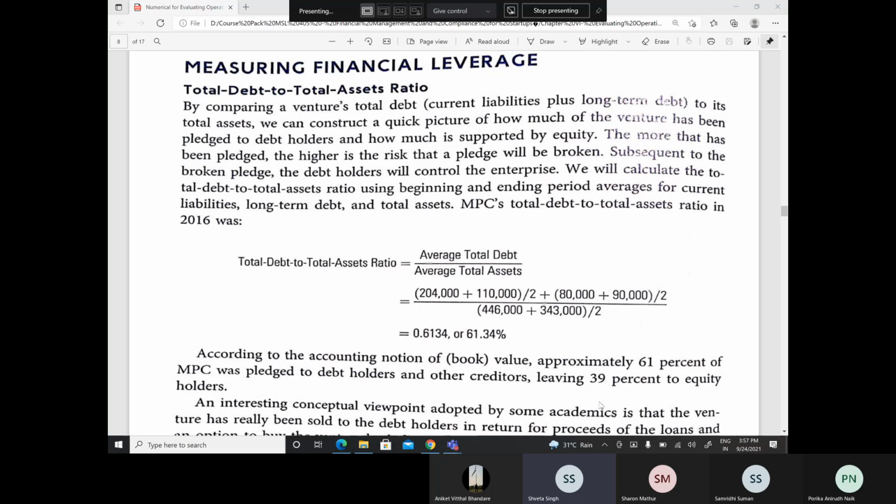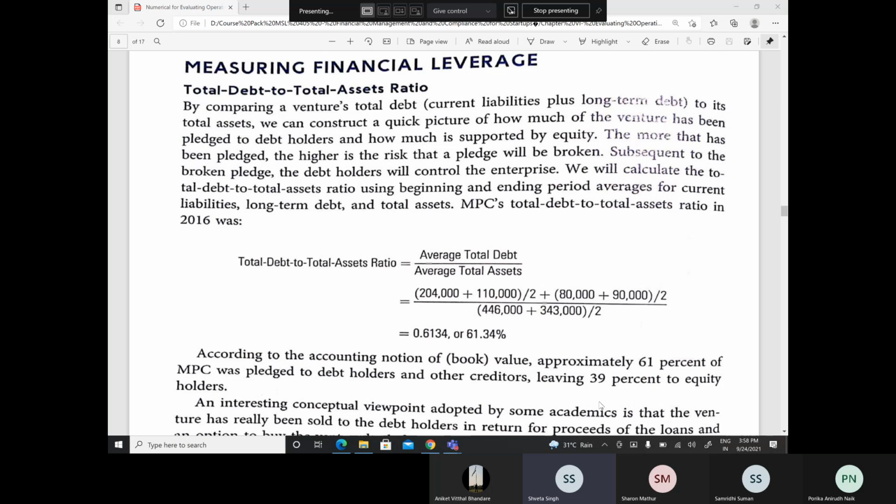We will calculate the total debt to total assets ratio using beginning and ending period averages for current liabilities, long-term debt, and total assets. MPC's total debt to total assets ratio in 2016 was average total debt upon average total assets. The average total debt was basically your average current liabilities plus long-term debt.